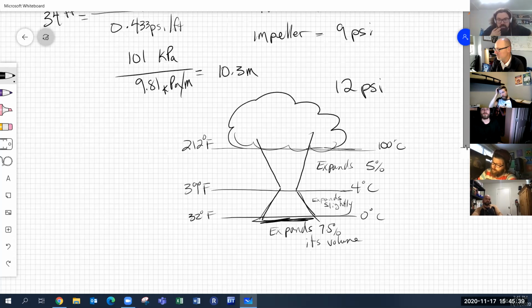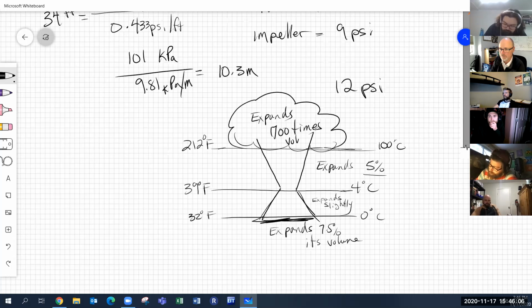Sometimes you need to put in an expansion tank because of thermal expansion from the hot water tanks they're tied to, especially when they're not being used over weekends or nights. So we have to have an expansion tank installed. And then when water goes from the boiling point to steam, it expands again about 1,700 times its volume.